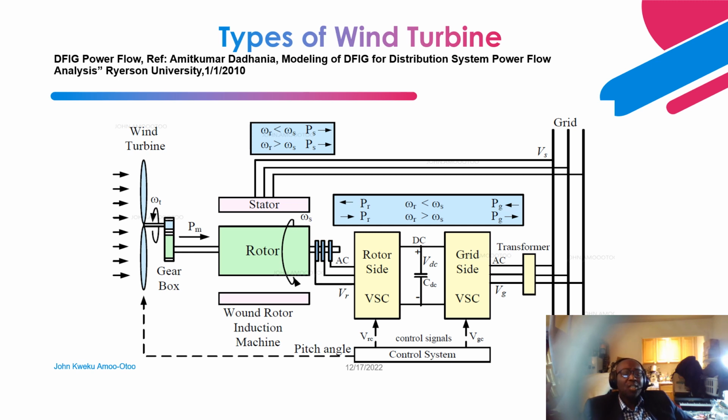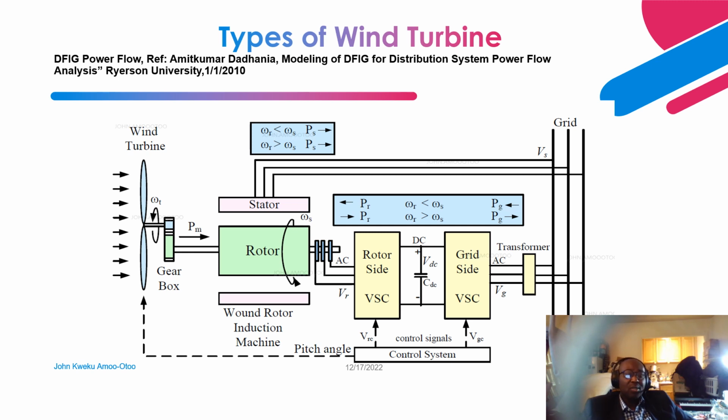Now let's talk about the operational modes of this type of wind turbine. We can have an over synchronous mode of operation, right? Okay, so over synchronous mode of operation is when the stator is exchanging active and reactive power with the grid, and the rotor side is also exchanging active and reactive power with the grid.